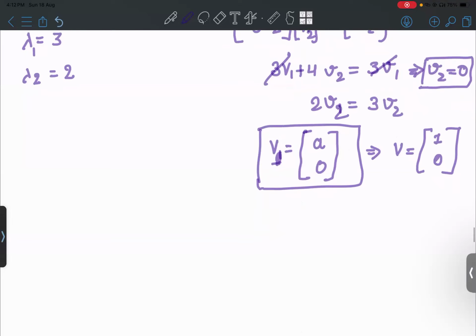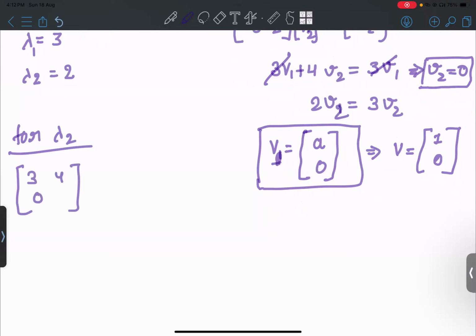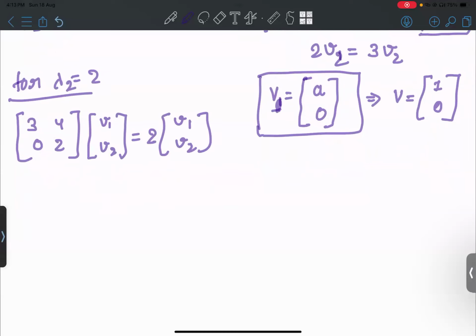Similarly for lambda 2, I can find. A is 3, 4, 0, 2. So small v1, v2 equal to lambda 2 equal to 2 times v1, v2. This will lead to the equation 3v1 plus 4v2 equal to 2v1, and the second equation will lead to v2 equal to 2v2.